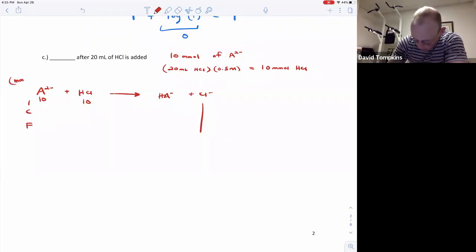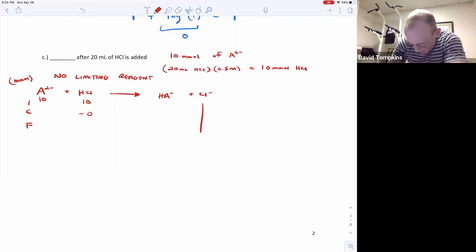Now we have no limiting reagent, which means that the reaction goes to actual completion, and we only have 10 millimoles of HA minus produced. So we have HA minus alone in solution.